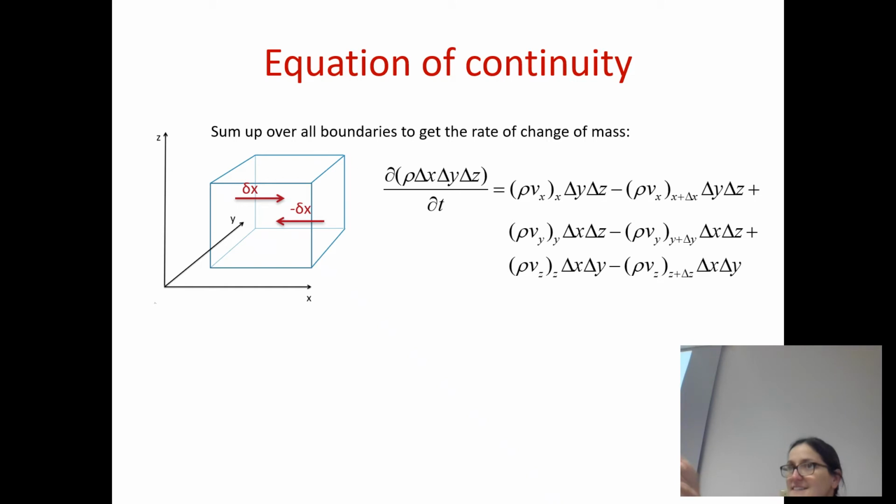In order to actually accumulate in this volume, or not accumulate for that matter, this change in time could be 0, so I have to balance things. If I'm looking at the net inside, on this side I'm coming in this way, on the other side I have to come in oriented opposite of the coordinate system. And that's what we count as out.